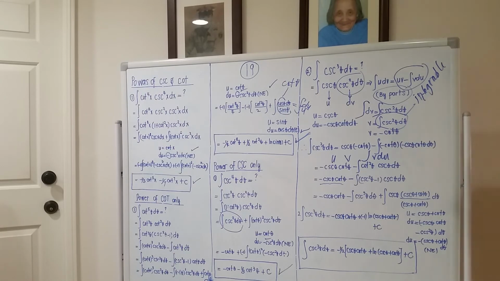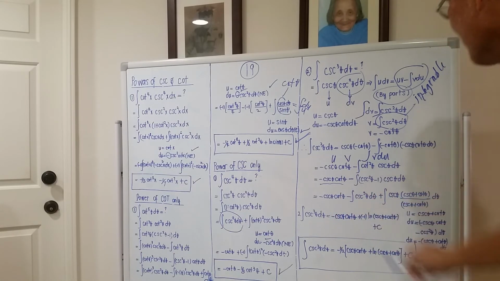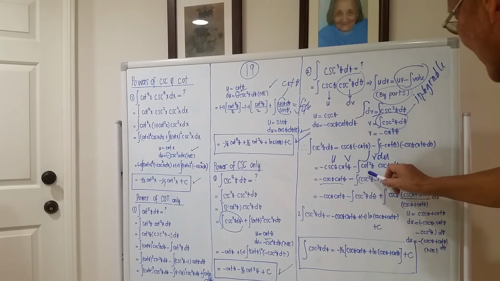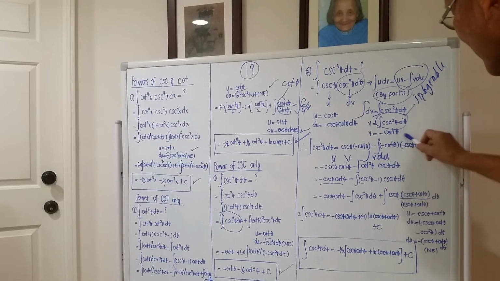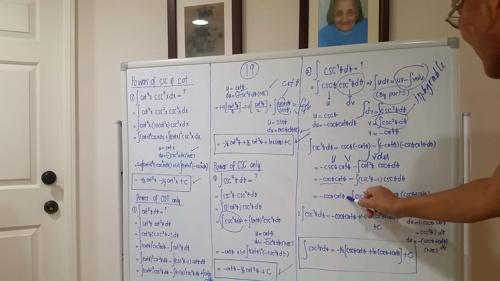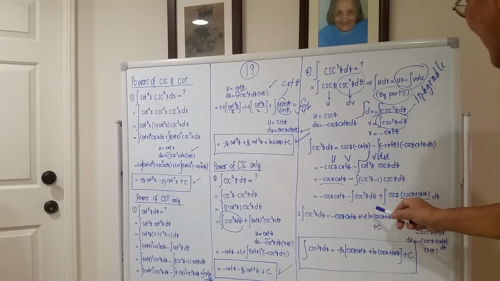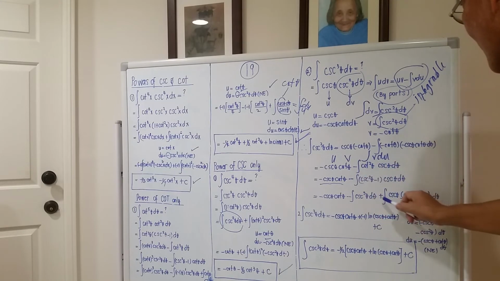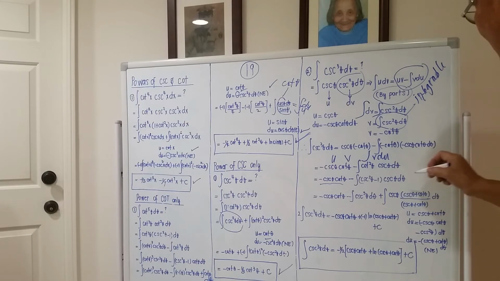Expanding this, cosecant square times cosecant theta will be cosecant cube of theta, differential theta. This is the negative side. This is minus, so this will be plus cosecant of theta, differential theta. That's the second term.